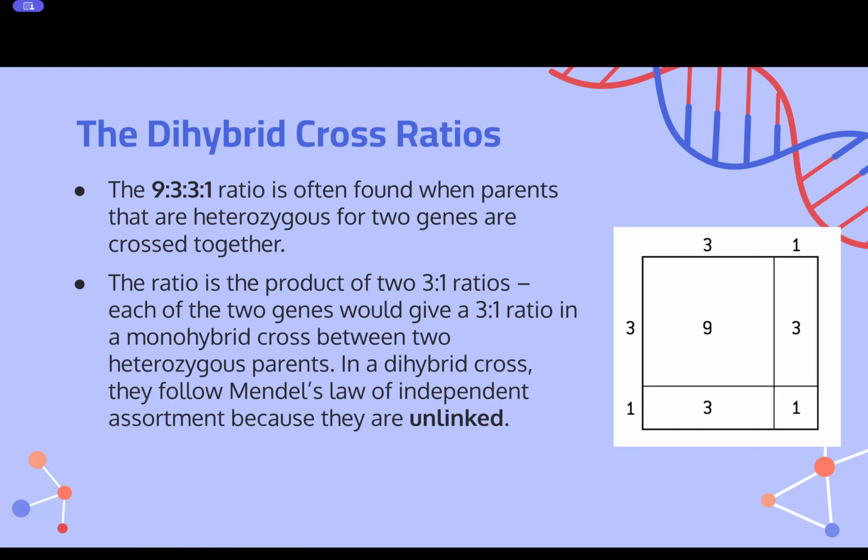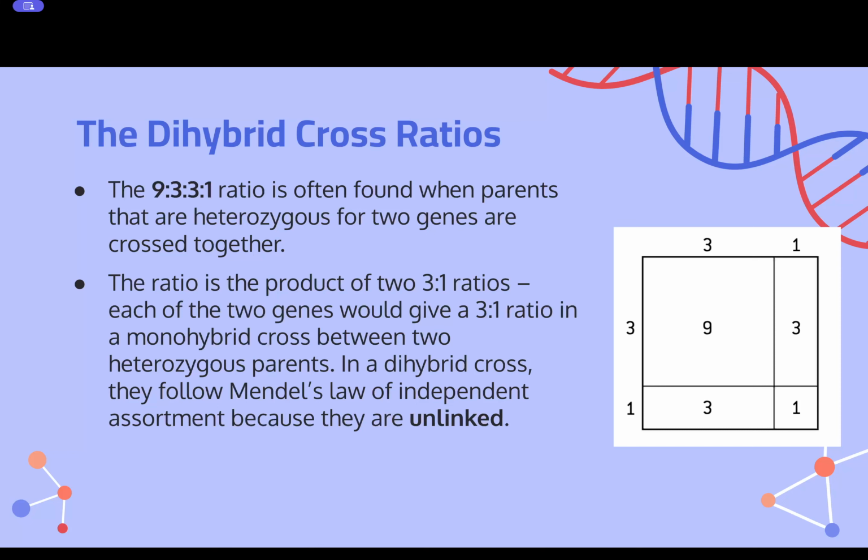If you remember the monohybrid cross, which is the normal cross, where, for example, both parents have heterozygous rough leaves, which means a capital R and a small r, and they cross, they will result in a 3-to-1 ratio of 3 rough leaf kids and 1 smooth leaf kid, basically.